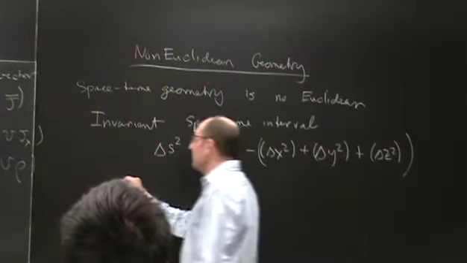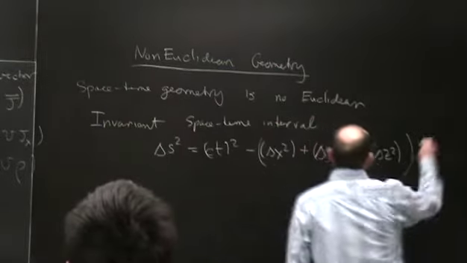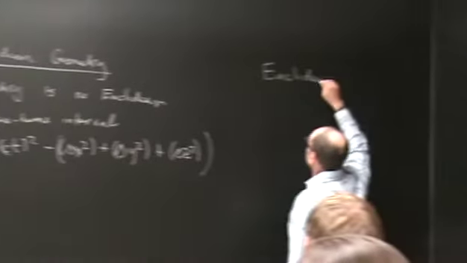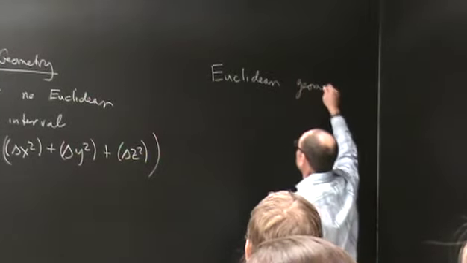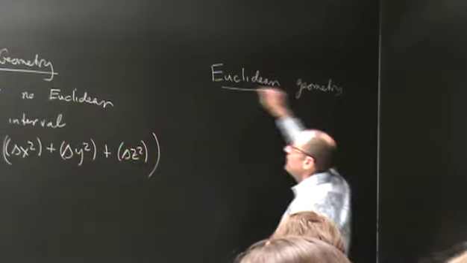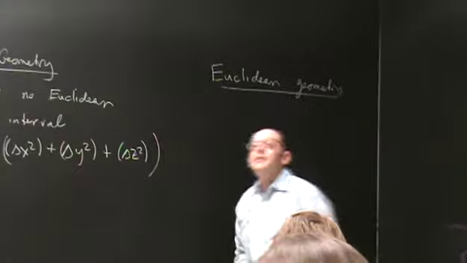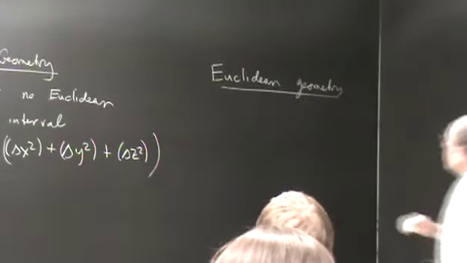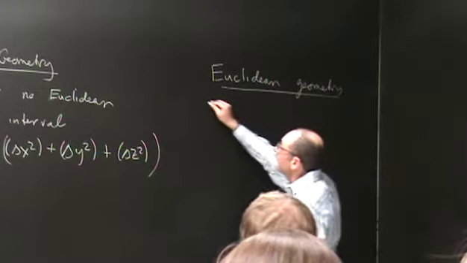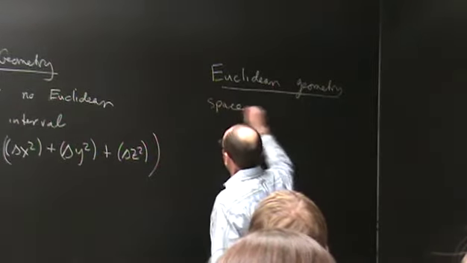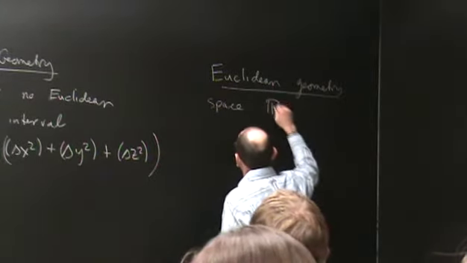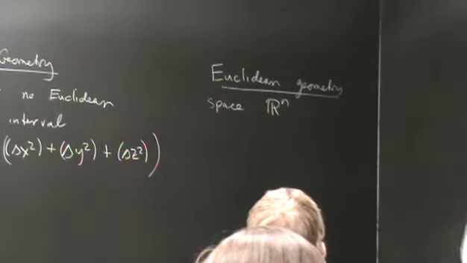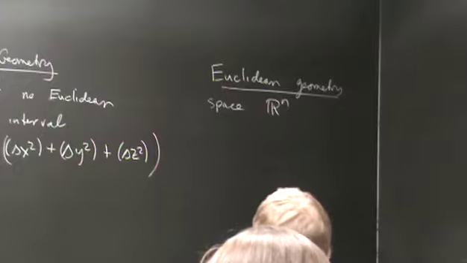So in Euclidean geometry, what we mean is that we say, well, let's say we have an arbitrary number of dimensions. Let's say we have the space R^n. So we have n dimensions, however many we want.